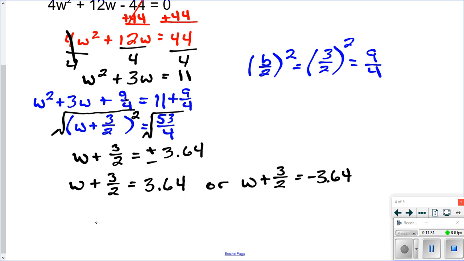So you're going to solve this by subtracting 3/2 from each side. And the solutions you're going to get are going to be w equals 2.14, or on this side, again, subtract 3/2 from both sides, w equals negative 5.14.